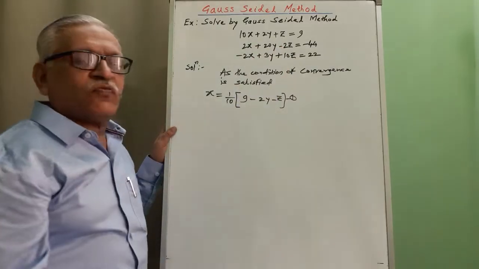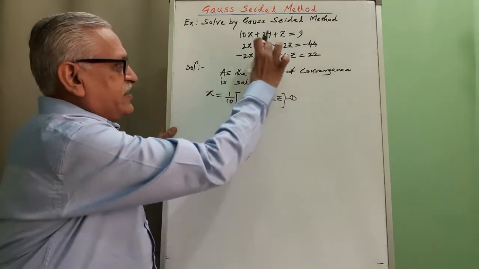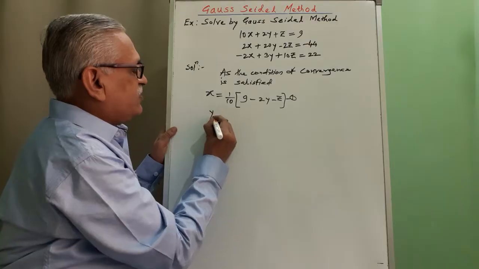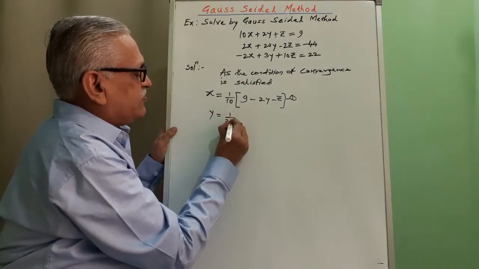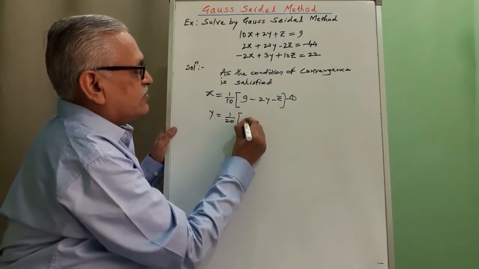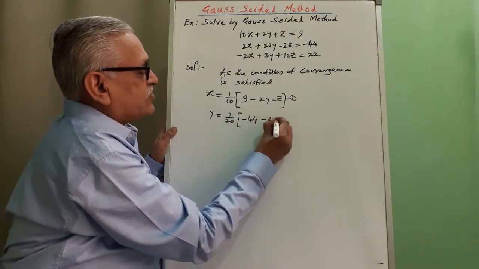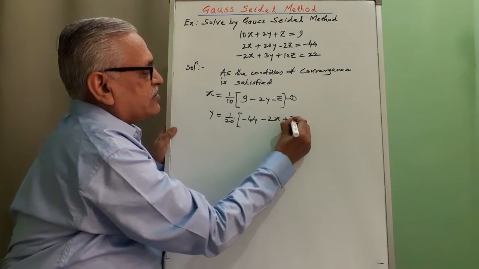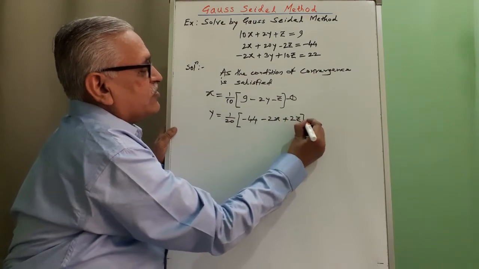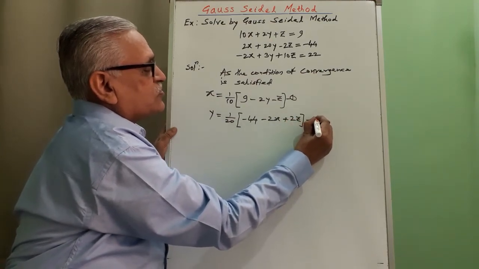Second equation we have to solve for y. Therefore, we get y is equal to 1 by 20 times minus 44 minus 2x plus 2z. We call this equation 2.